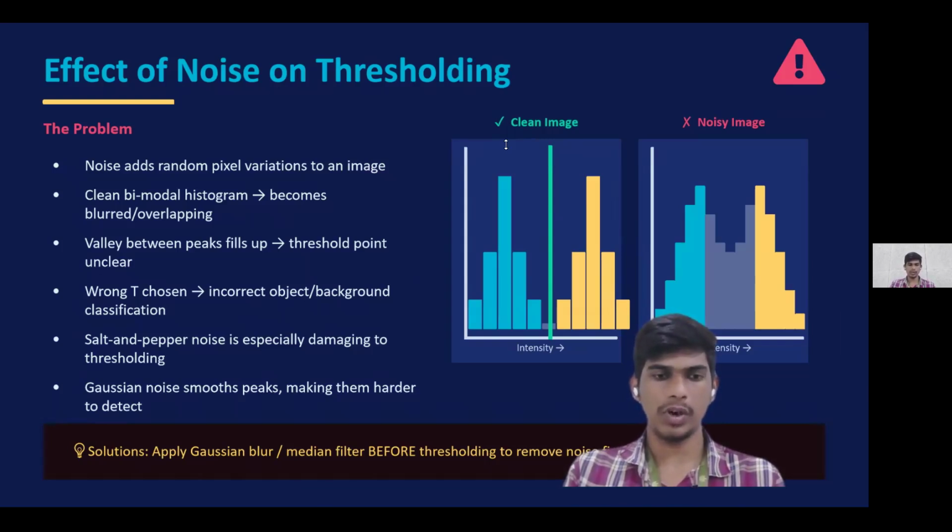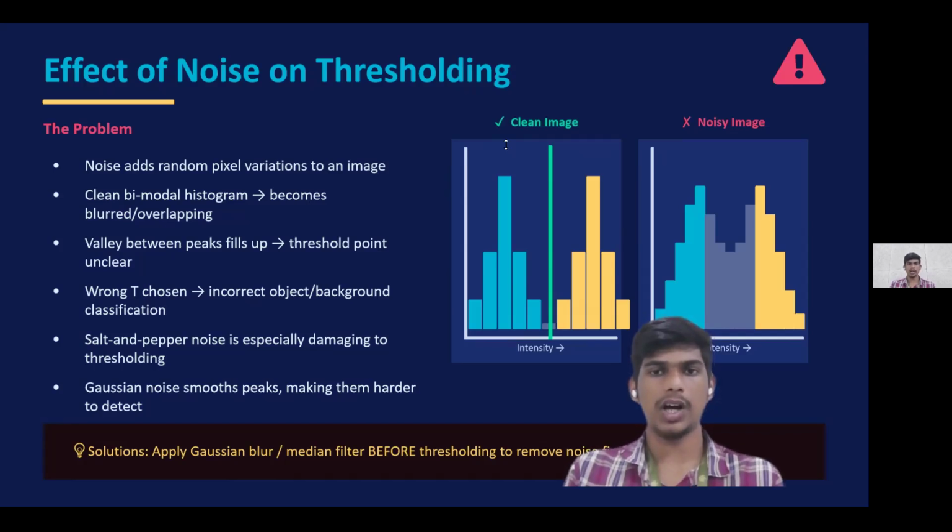After removing the noise, we can perform thresholding to get accurate peaks and threshold values. If we perform thresholding without removing the noise, it chooses the wrong threshold value, which leads to incorrect object or background classification.